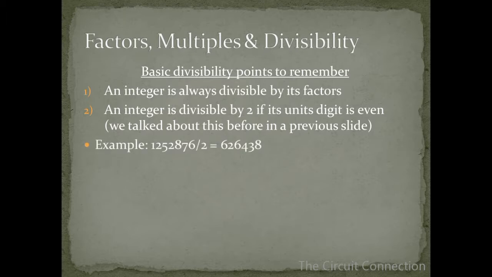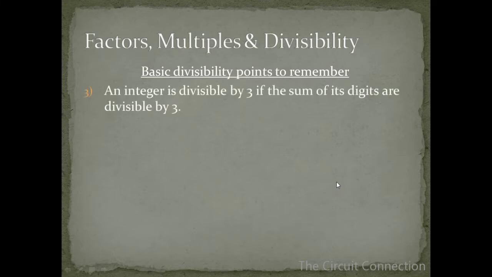So for example, 1,252,876 divided by 2 gives us 626,438. And so that's because the units digit is even, that 6 is even, so that makes the whole entire number itself also divisible by 2.